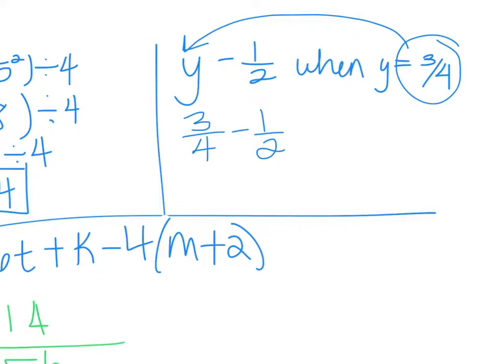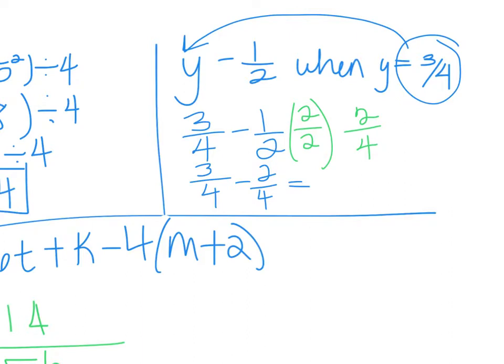So to get a common denominator, I need to turn this 1/2 into 2/4, because I know if I multiply the numerator and the denominator by 2 over 2, that would equal 2/4. So then I can rewrite this problem as 3/4 minus 2/4. And whenever you subtract fractions, you keep the denominator and then you just subtract the numerator. So 3/4 minus 2/4 would just be 1/4.